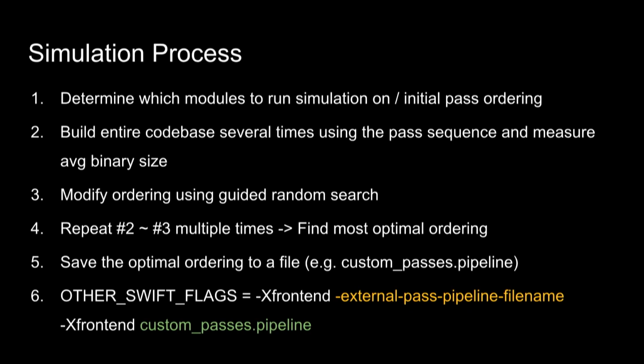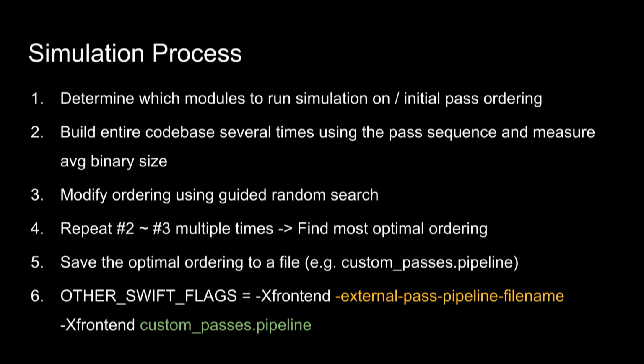So what are the actual steps involved in the simulation process? First, we have to determine which modules to run the simulation on, and an initial ordering of optimization passes. Then we built our entire code base several times using this pass sequence and measured the average app size. Then we changed the ordering using guided random search.